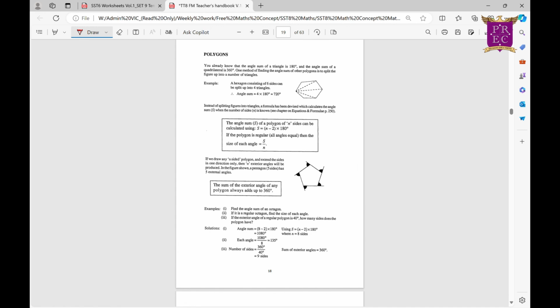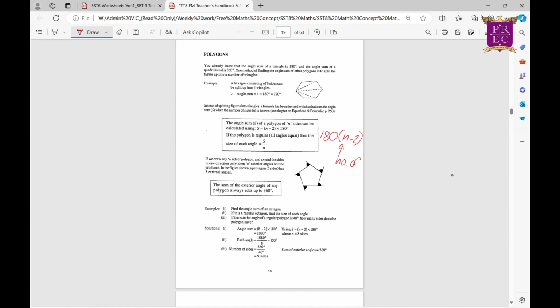Okay, we'll have a look at polygons. To find the sum of internal angles, we look at this formula here: 180 times n minus 2, n being the number of sides.